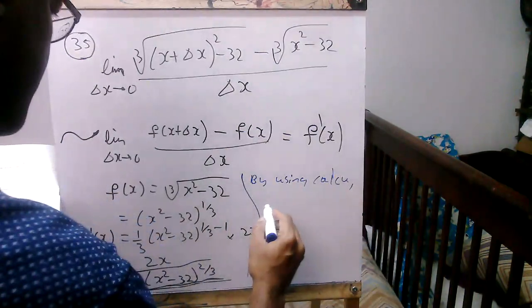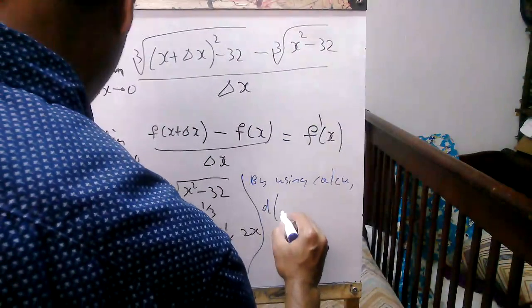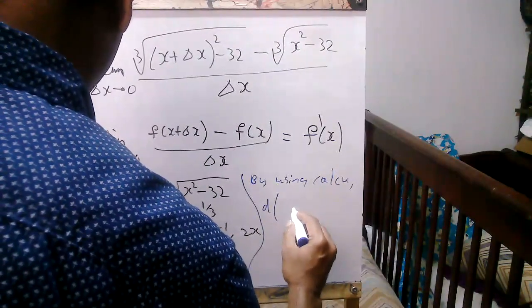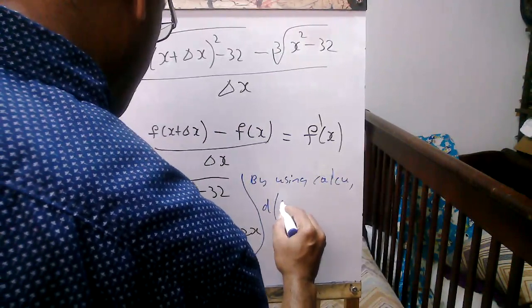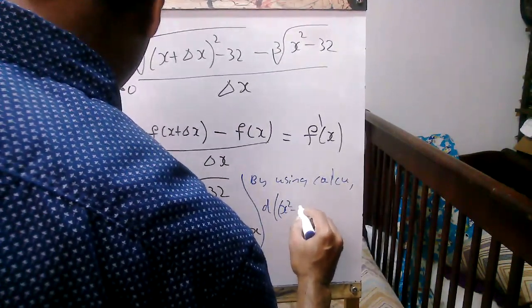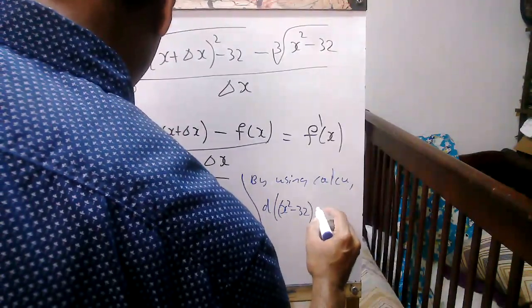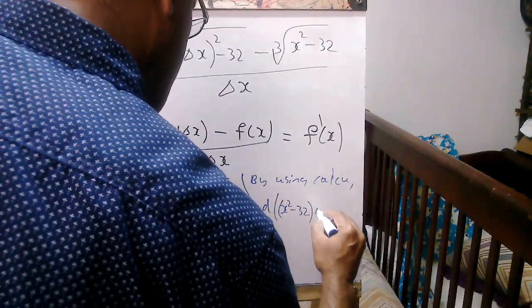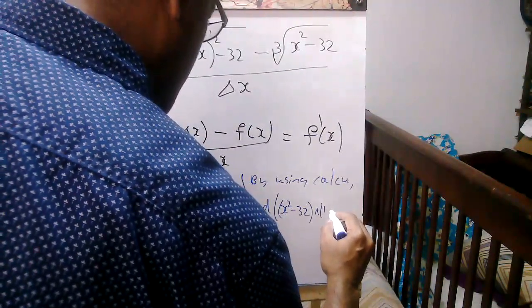You may type d, x squared minus 32, to the power 1/3.